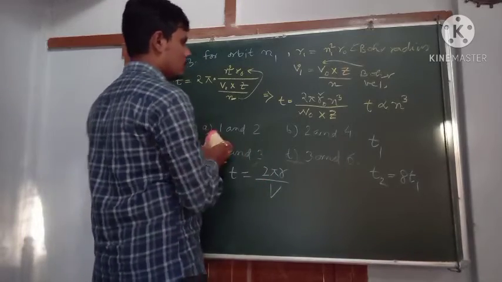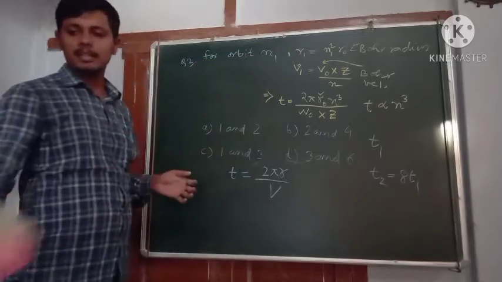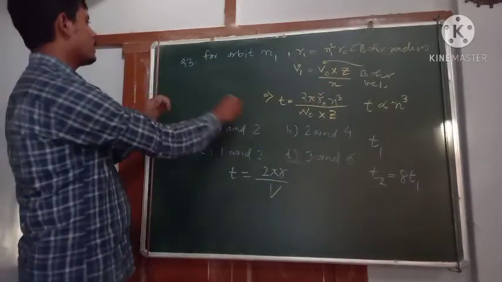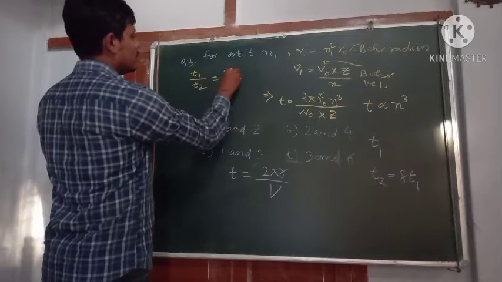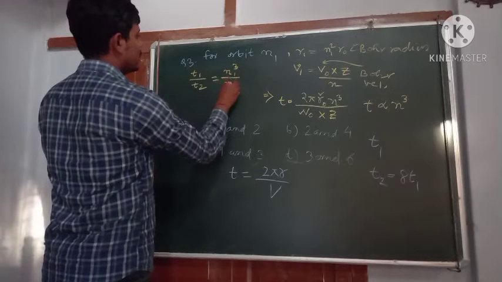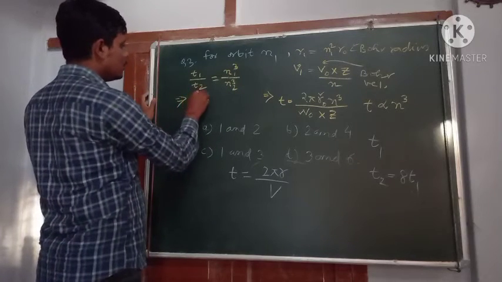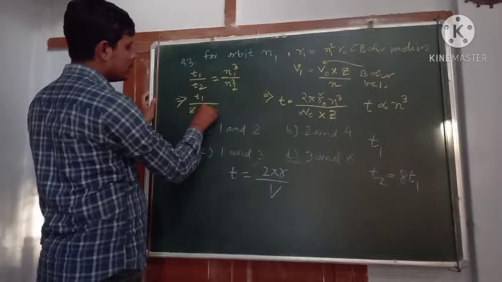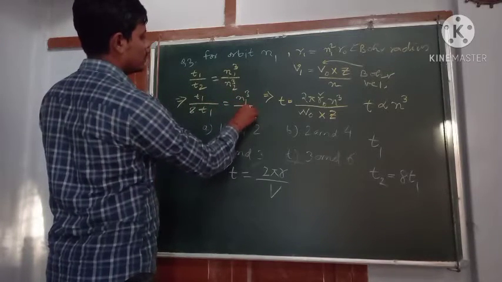So since T is directly proportional to n cube, we can write T1 by T2 equals n1 cube by n2 cube. So T1 by 8 times of T1 equals n1 cube by n2 cube.